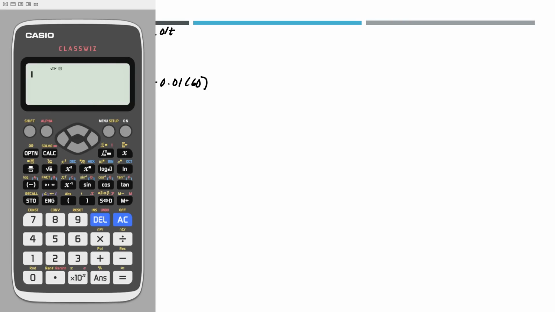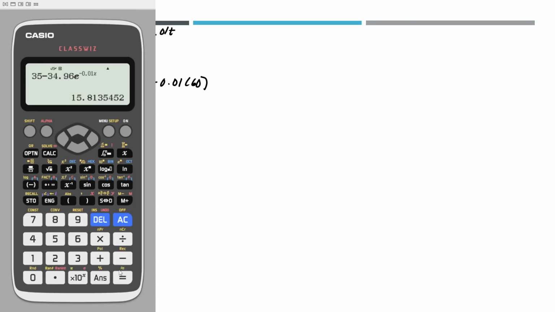Let me redo that. So, we have 35 minus 34.96, e shift ln, e raised to negative 0.01 X, where calc X is equal to 60.